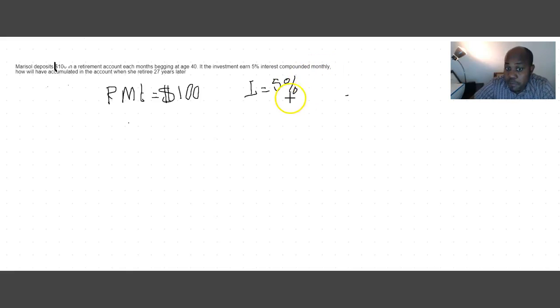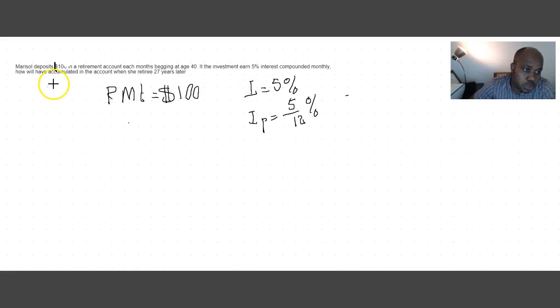It's compounded monthly, so I need to divide this by 12. If I call this IP, it's going to be 5 divided by 12, the monthly interest. That's a percentage, and it's the interest that I'm going to use. I'm not going to use the 5% because that is every year.